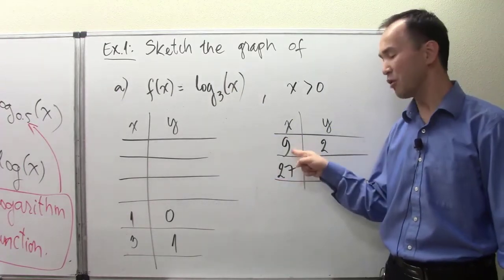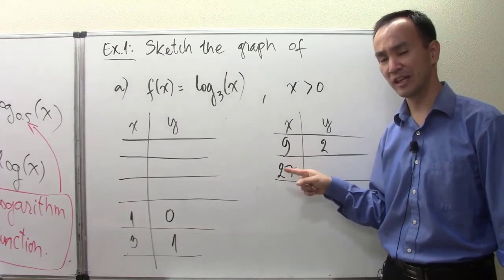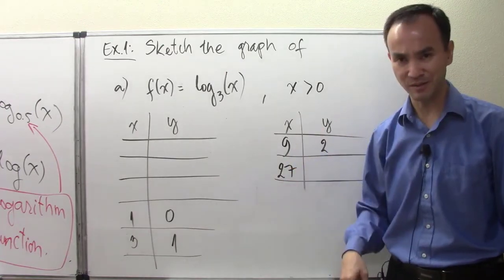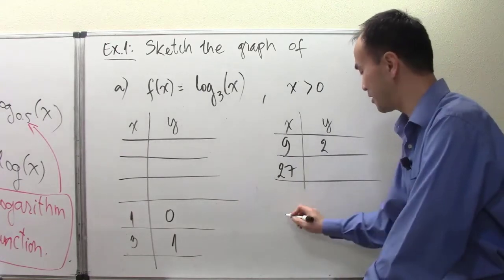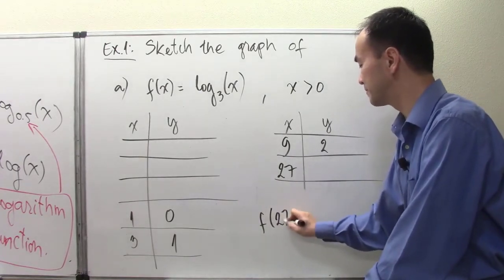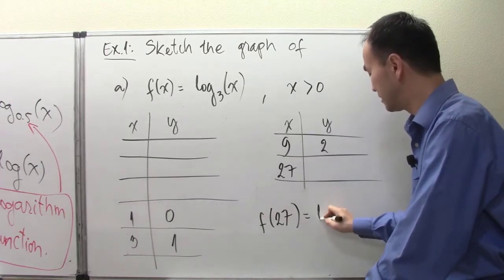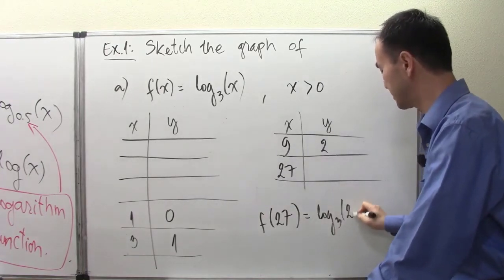If you go with x equals 10, 11 or 12, you have to use a calculator because it's beyond our mental math capability. So f of 27 will equal log base 3 of 27.